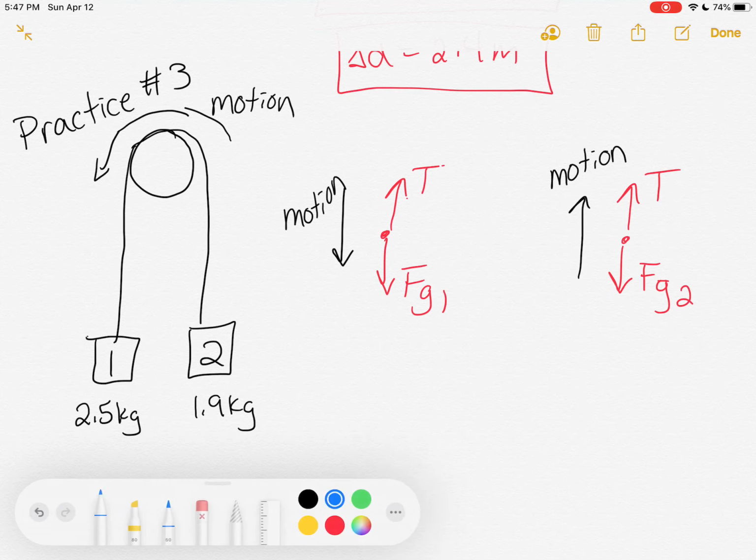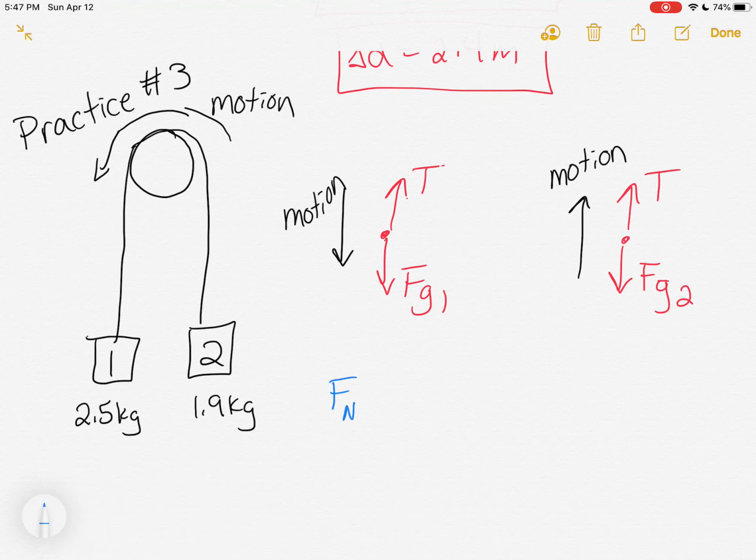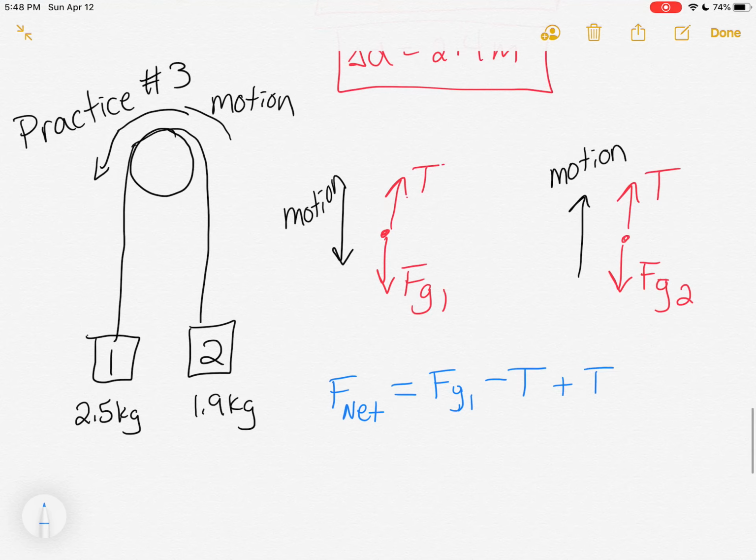In this problem, we are going to look again for our F net. In this case, we have an FG1 going in the positive direction. We have our tension going in the negative direction for block number 1.